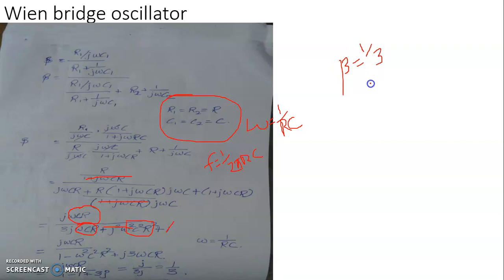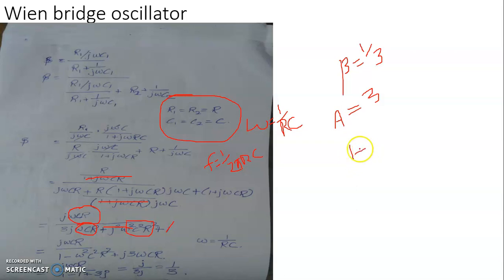That means gain must be equal to 3, so that it will produce a sustainable oscillation as a Wien bridge oscillator. Because we require A beta equal to 1, since beta equal to 1 by 3, then A must be equal to 3, then A beta will be equal to 1.